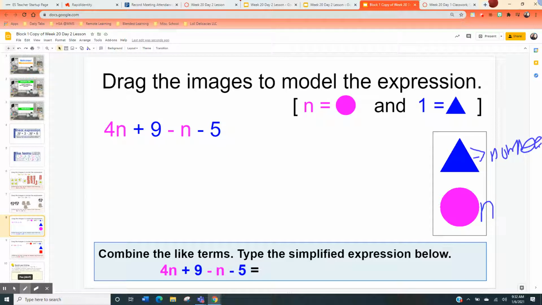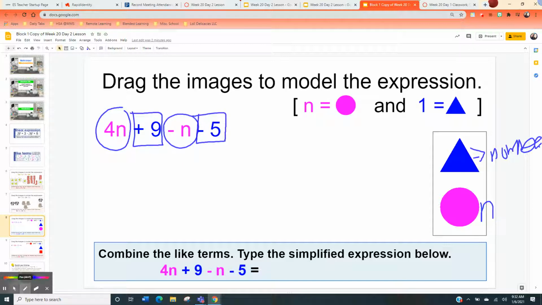So I'm going to go ahead and model 1, and then you guys are going to do the next one just so that you get an idea of what that 1 means. So we have 4n minus n. And then we have plus 9 minus 5.